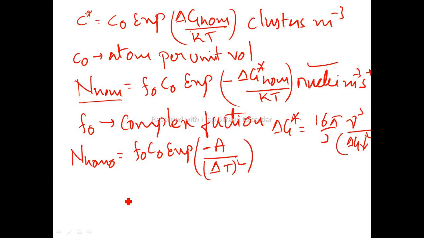Okay, this A can be written as 16 pi by 3 gamma cube Tm square divided by Lv square and kT.